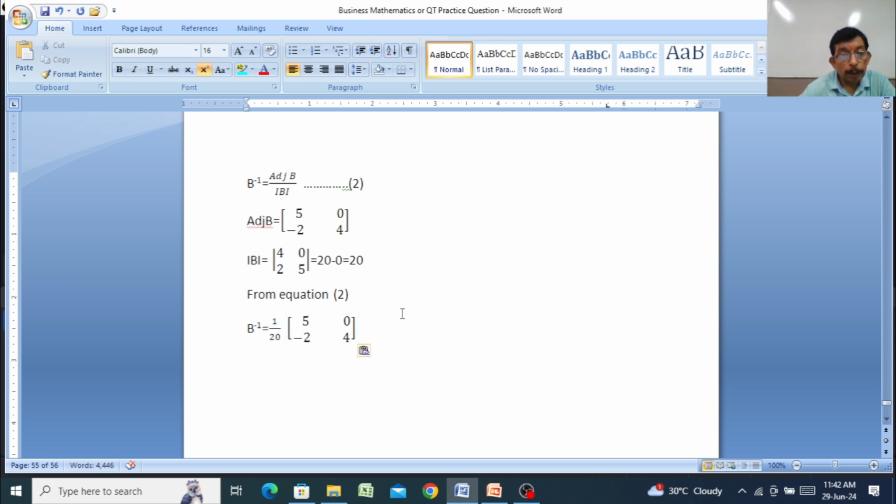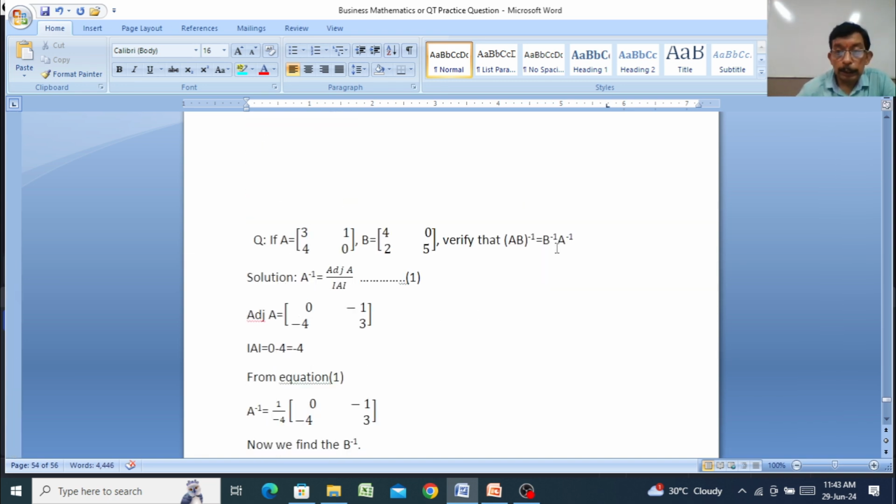Now simplify, this is the B inverse. Now the A inverse and B inverse are found out.